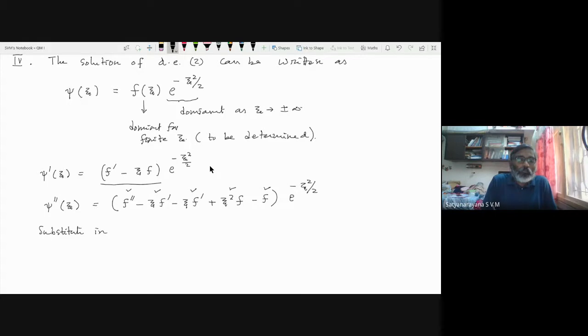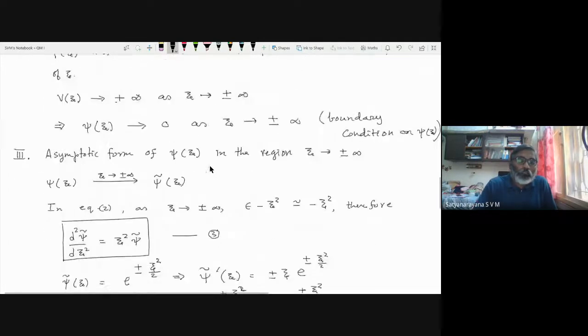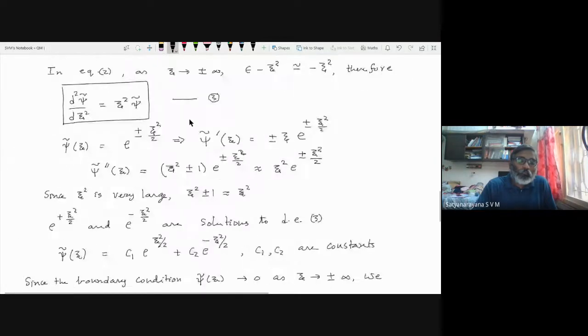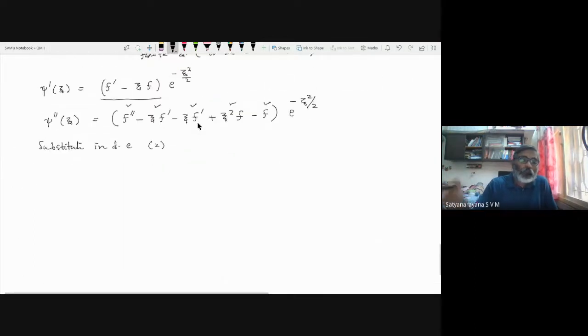So let us substitute this in differential equation 2. That is our original equation, this one. So then we have psi double prime, that is f double prime minus 2 xi into f prime plus xi square into f minus f.